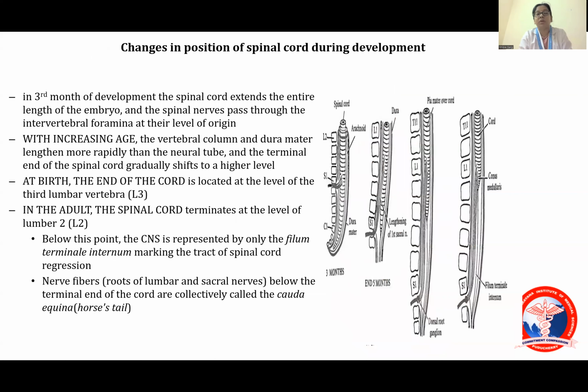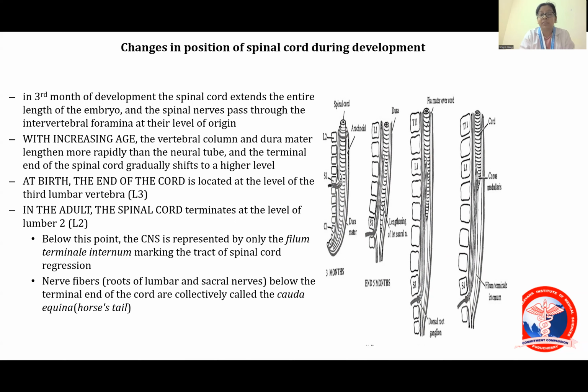Now, something about embryology: changes in the position of the spinal cord during development of the fetus. In the third month of development, the spinal cord extends the entire length of the embryo, and the spinal nerves pass through the intervertebral foramen at their level of origin.